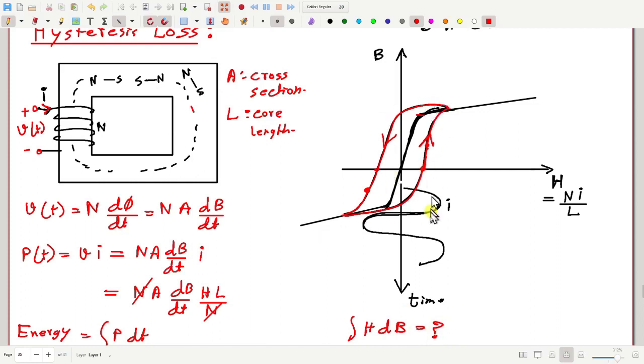So in this graph, at any particular moment, suppose this is the point representing the flux and the corresponding magnetic field intensity. Okay, so then this is H, and now as time progresses, current changes, and therefore I move from this point to this point. Okay, so this will be dB.